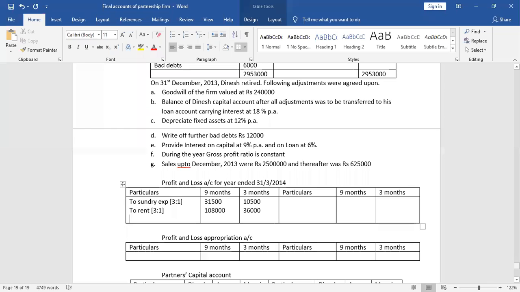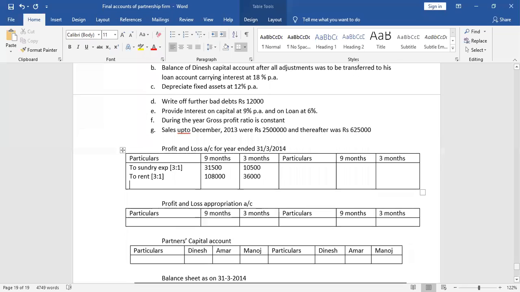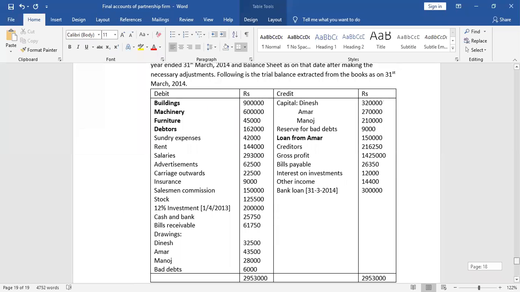Now, after rent, there is salaries. Salaries also same way you have to divide. 2 salaries, 3:1.